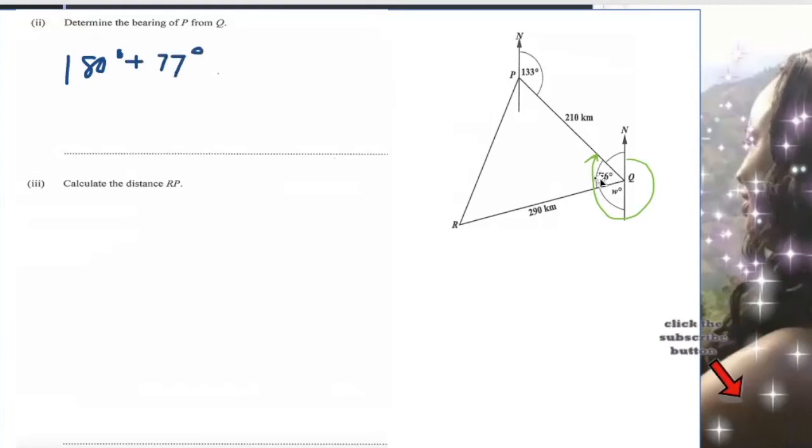And then we have 56. So adding 56, when we add all of these figures, we will arrive at 313 degrees. Another way to look at this, remember, the true bearing is measured in a clockwise direction from the North Pole to the point, and this line assists us to accurately measure the angle.